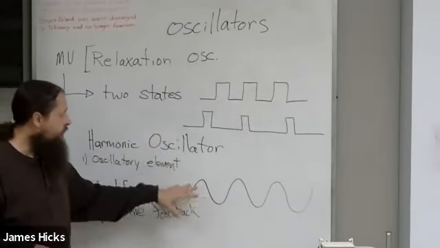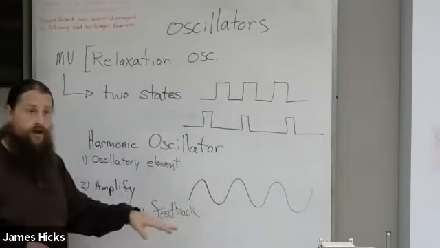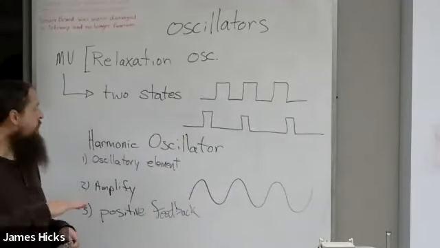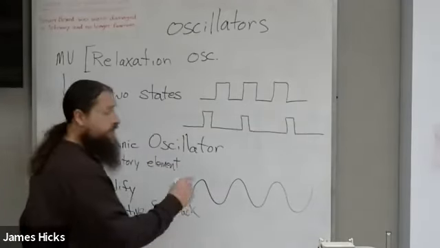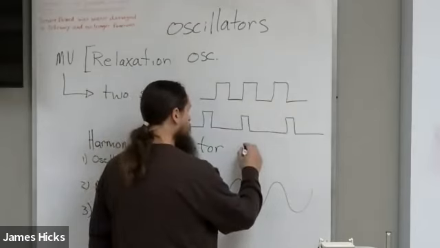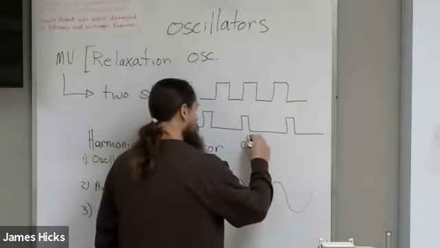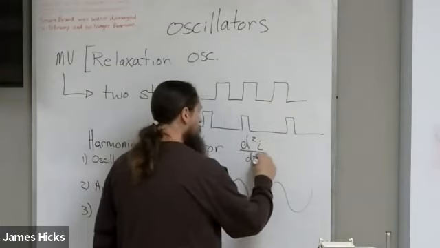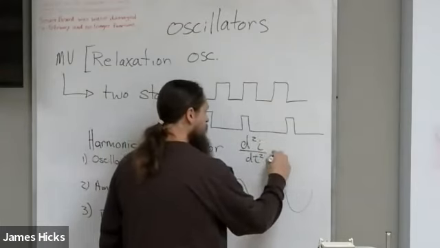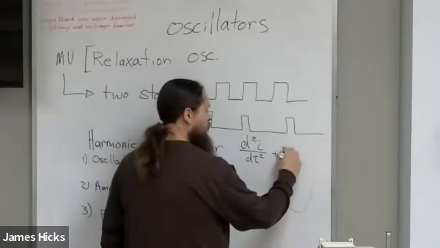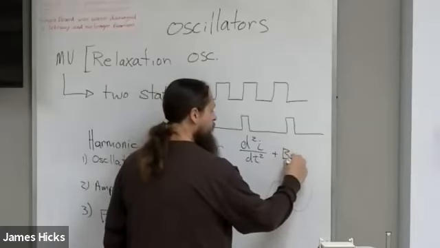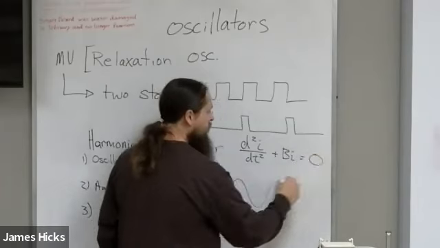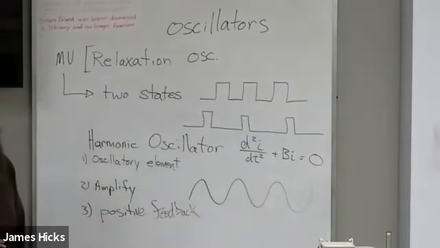The reason that we're getting these nice sines and cosines out is that what we're essentially solving is some sort of equation that looks like d²i/dt² plus some constant times current is equal to 0.